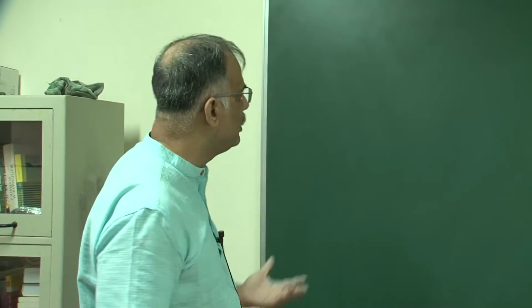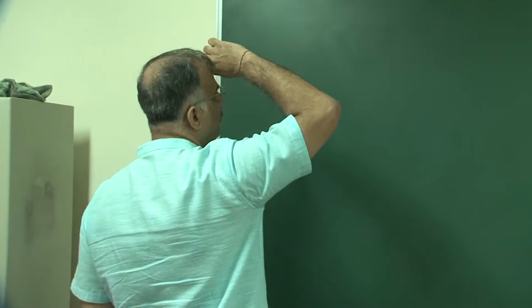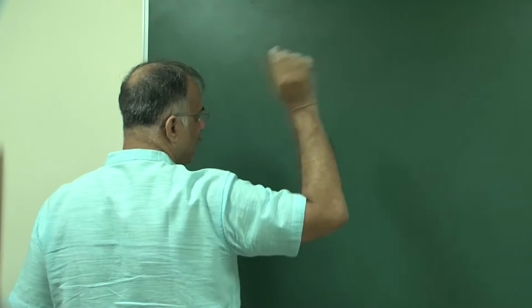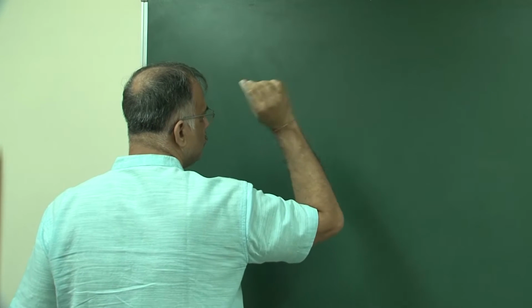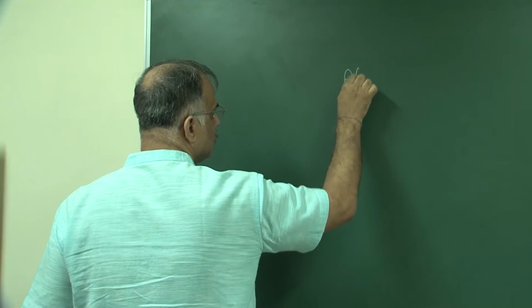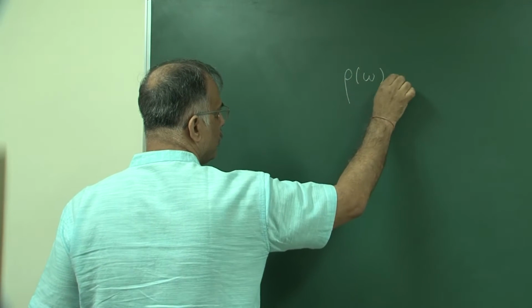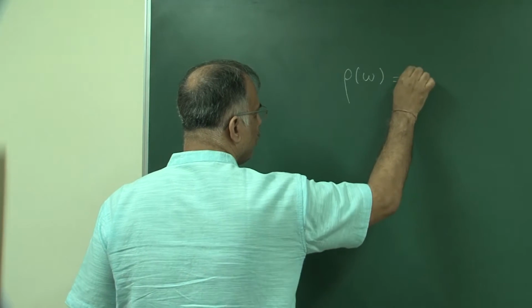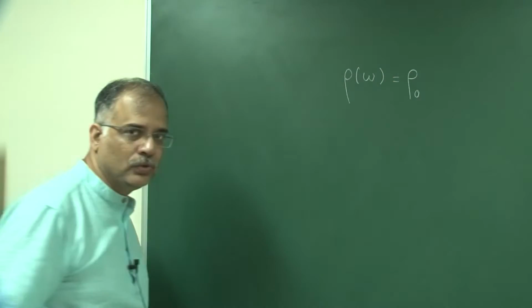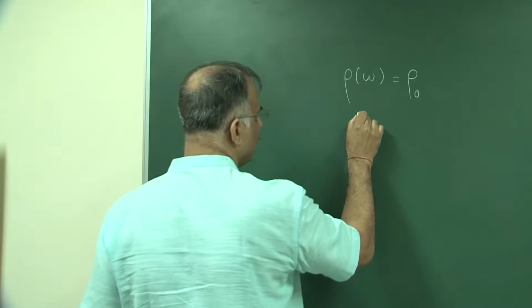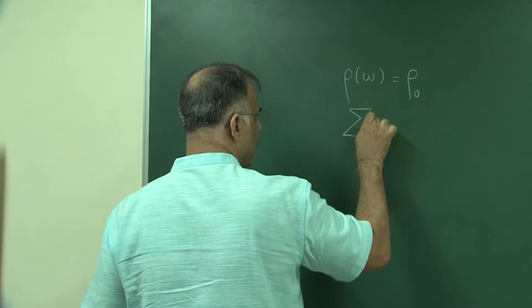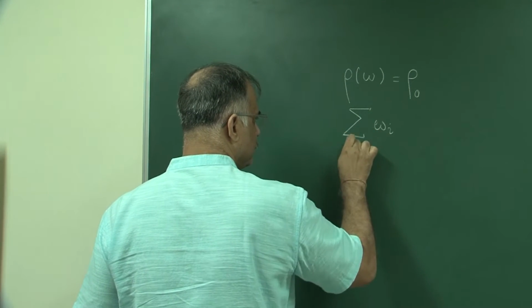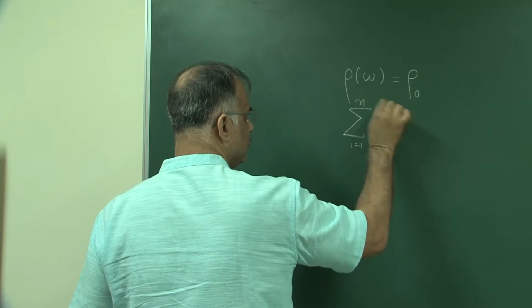Okay, so now we will put in the second model. The second model is in the following way. Now I have said that I only want those allocations which give me a fixed return rho naught. Of course I know that my allocation should satisfy the weights basically.